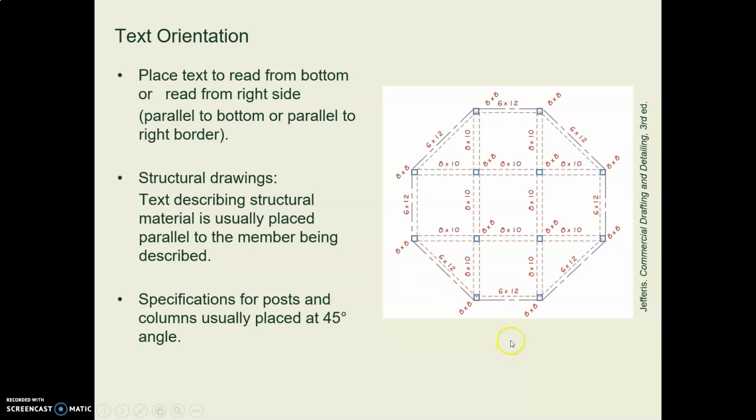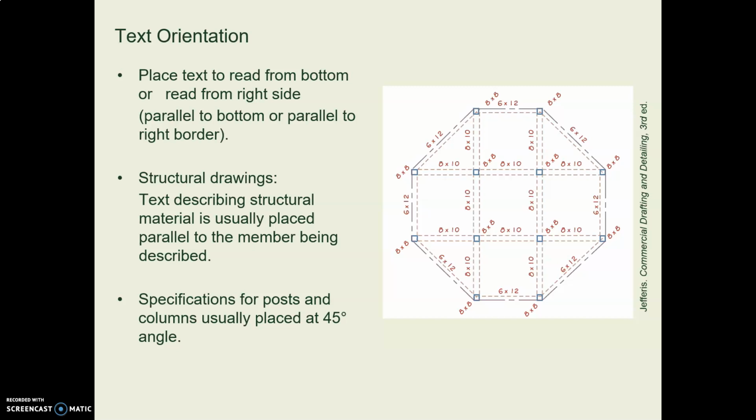If you were holding the page and standing at the bottom of the page and looking up, you'd be able to read the text. Or if it's close to vertical text, if you stood at the right side of the page and looked towards the text, it would be right side up and you'd be able to read it.